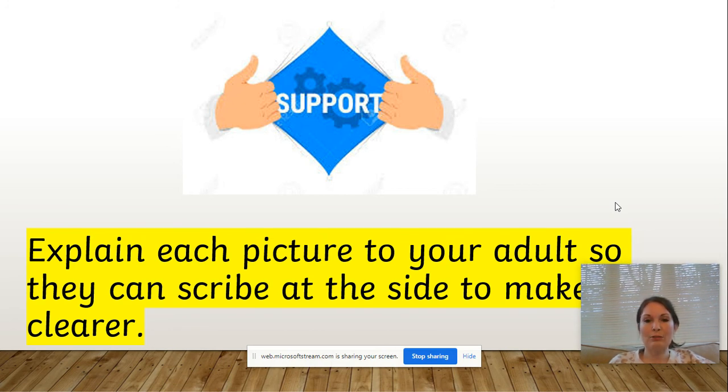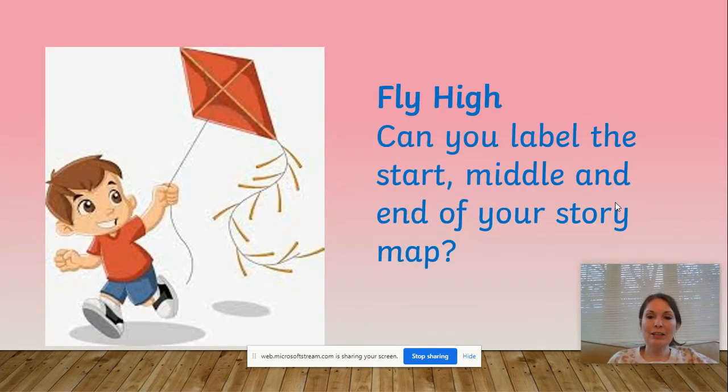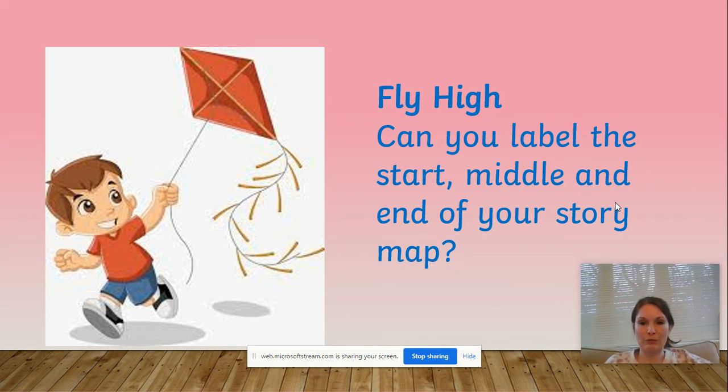Whatever helps you to make your map clearer. And to fly high, can you label the start, the middle, and the end of your story with those words, start, middle, end? That would be fantastic.